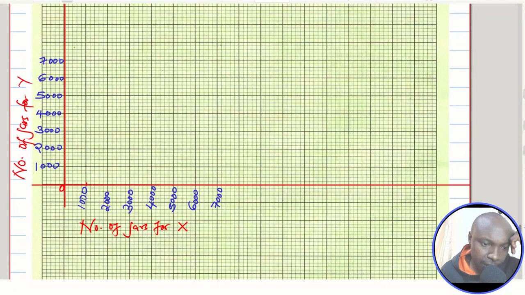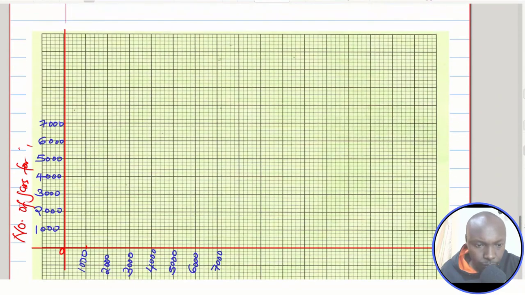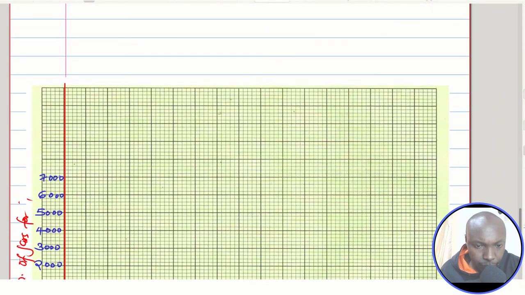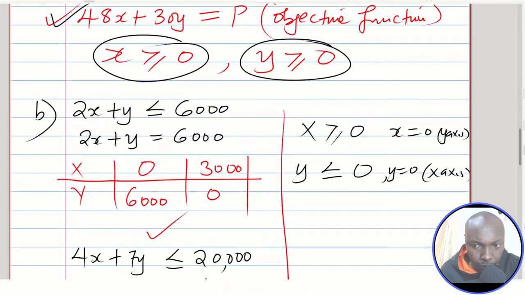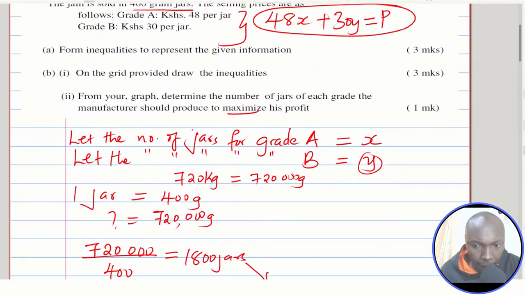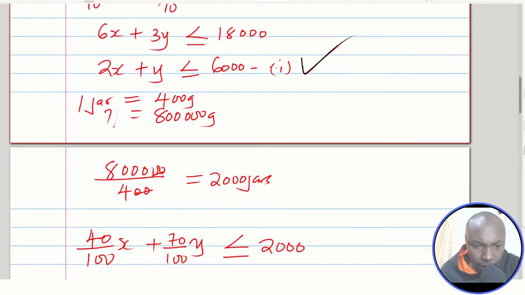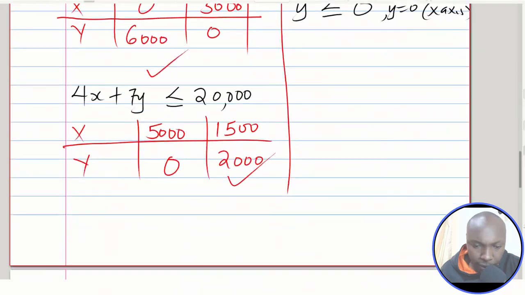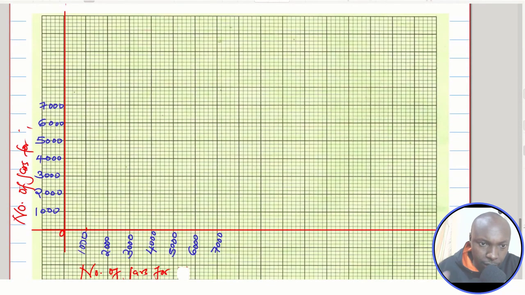The y-axis represents the number of jars for grade y, and the x-axis the number of jars for grade x. So there's no problem with that.